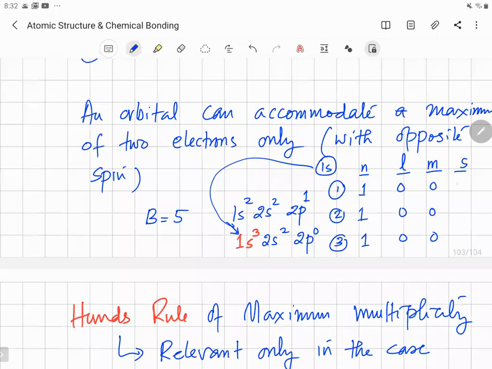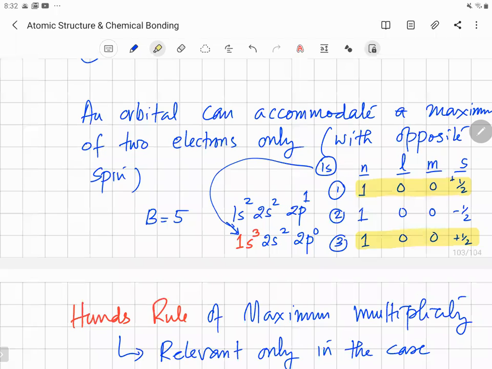Now for the first electron, s may be plus half. For the second electron, s may be minus half. In the third electron, s can take only 2 values, right? Plus half and minus half. If I put plus half, that violates Pauli's exclusion principle because these two addresses are same.